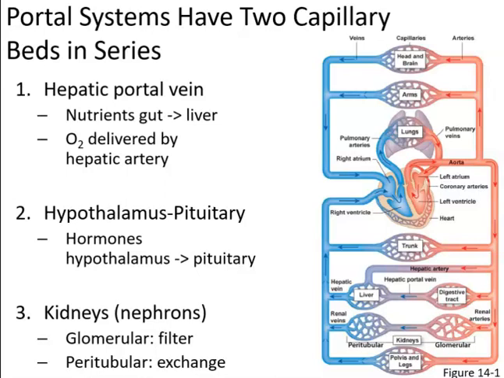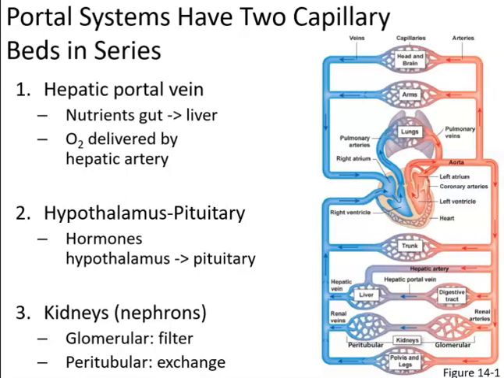So, for example, we have releasing hormones or inhibitory hormones such as GHRH, which is growth hormone releasing hormone, or GHIH, which is growth hormone inhibiting hormone, which is released from the hypothalamus to the anterior pituitary gland to either stimulate or inhibit release of growth hormone. Okay, that's the first part of the capillary system.